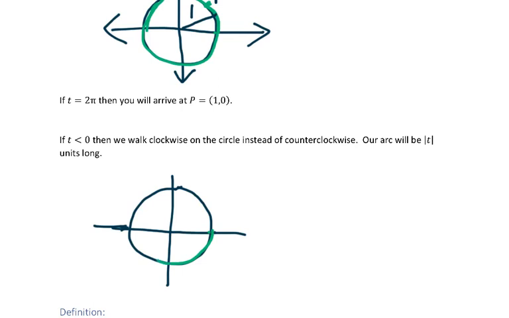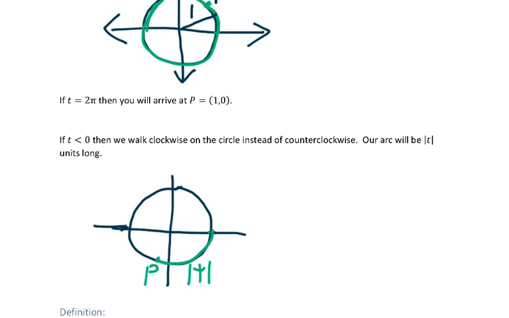And again, you're going to stop once you have traveled the distance of the absolute value of T units. Remember, T here is negative, so saying it's T units long wouldn't make sense. You're still going to end up at some point P, and that point is going to be associated with that T.